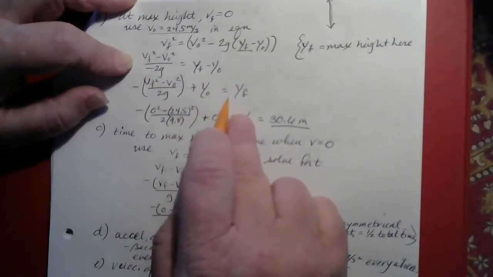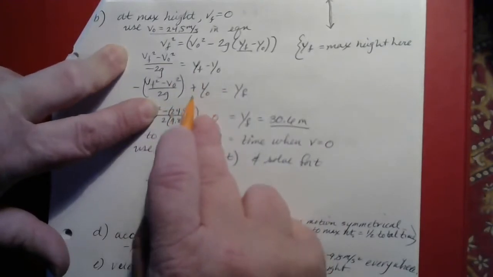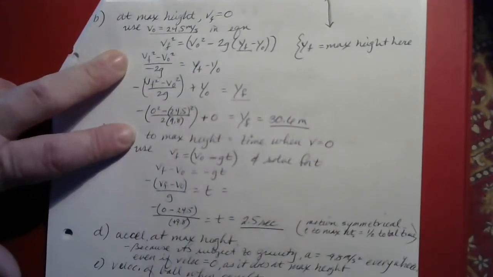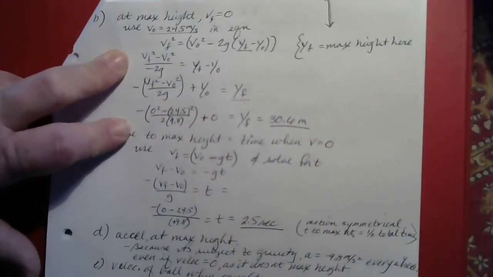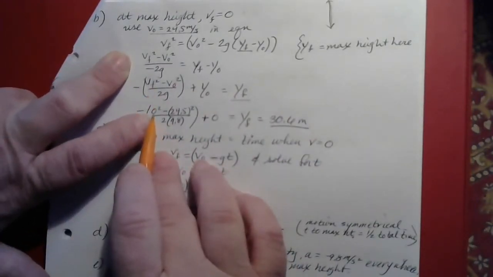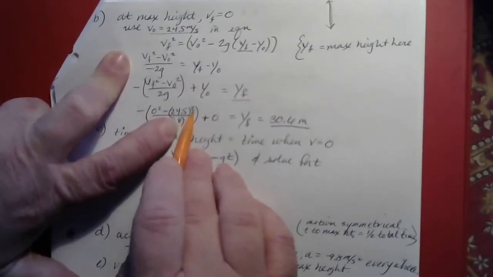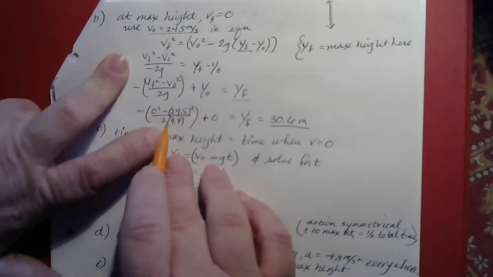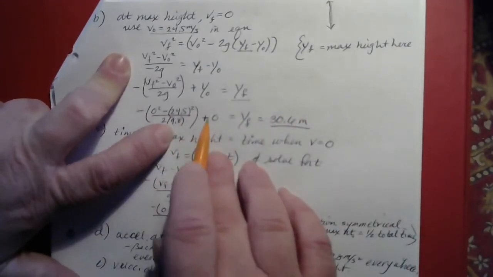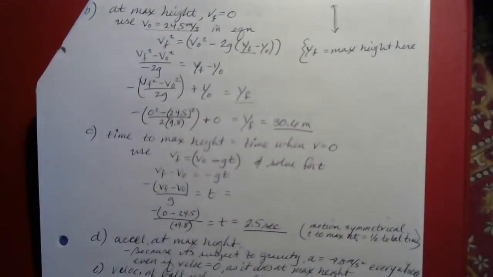So if you add Y original to both sides, you get negative (V final squared minus V original squared) over 2G plus Y original equals Y final. And again, Y final for this part of the question is going to be the maximum height. V final, again, the velocity at the maximum height, is 0. The original velocity was 24.5 meters per second. And that's over 2 times G, which is 9.8 meters per second squared. Plus 0, it gives us Y final, and that's 30.6 meters. That's the maximum height.